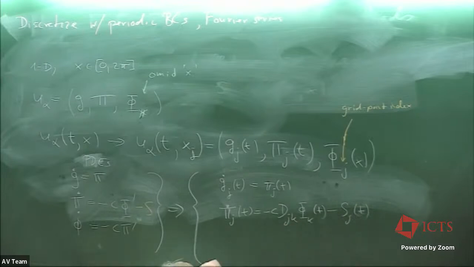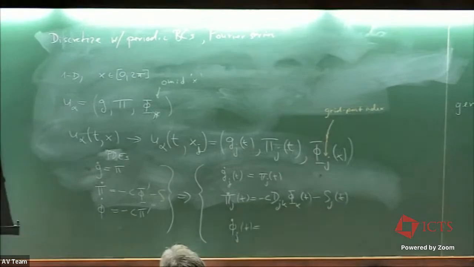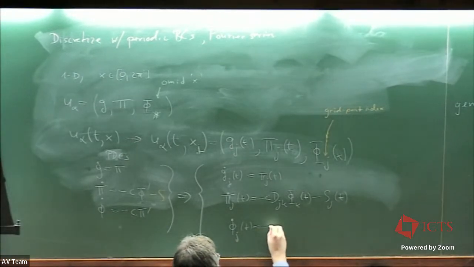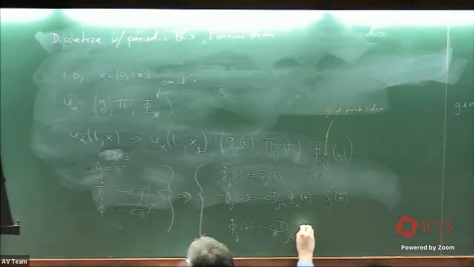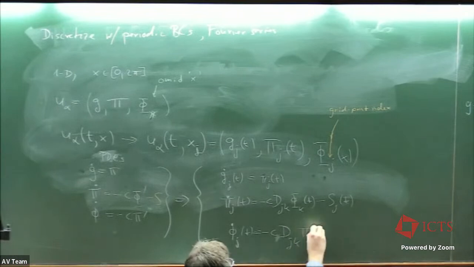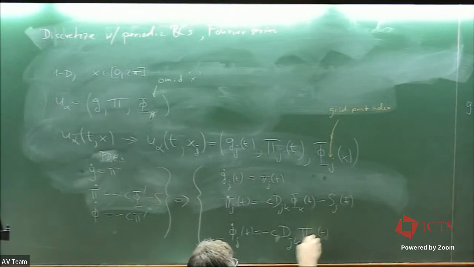And for the last equation, the phi dot equation, that's phi dot at grid point j, which is a function of time. This is going to be minus c times differentiation matrix D_jk times pi_k as a function of time.